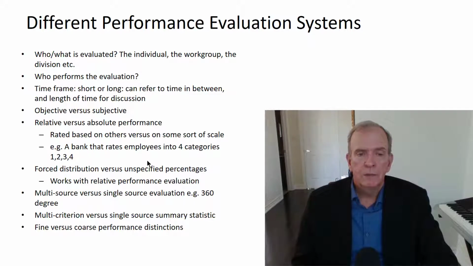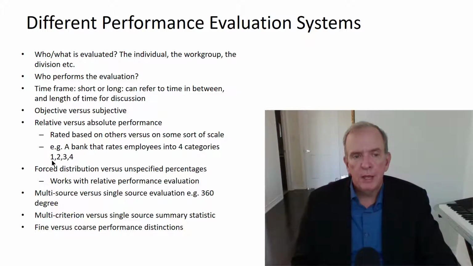So you have to look at the company that you're working for. To try and even the playing field, a bank might rate employees a number 1, a number 2, a number 3, a number 4. Number 1, you're excellent. A number 4, you're one step from being out the door. And that manager may only have so many number 1s and number 2s that they can give.